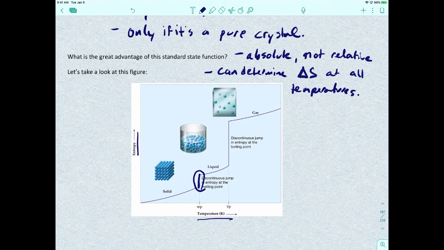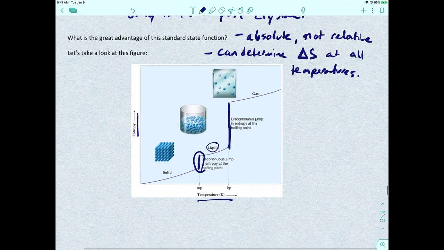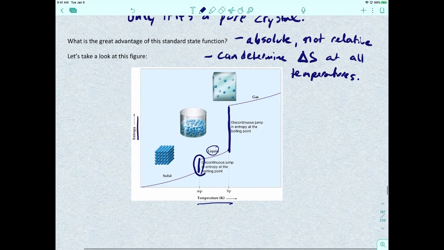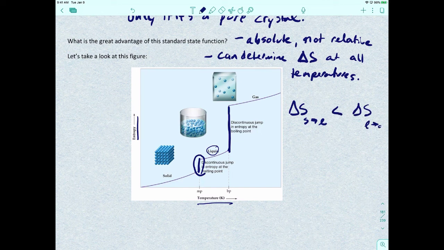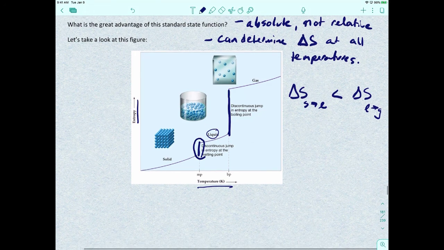And then once we get to a full liquid state, the entropy is going to increase gradually. And then once we get to the boiling point, again, we go completely vertical. So what we're seeing is that the change in entropy going from solid to liquid is going to be less than the change in entropy going from liquid to gas.